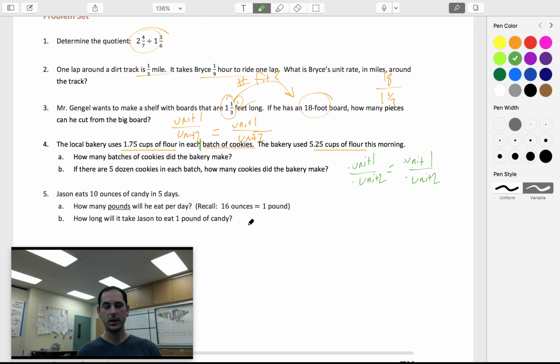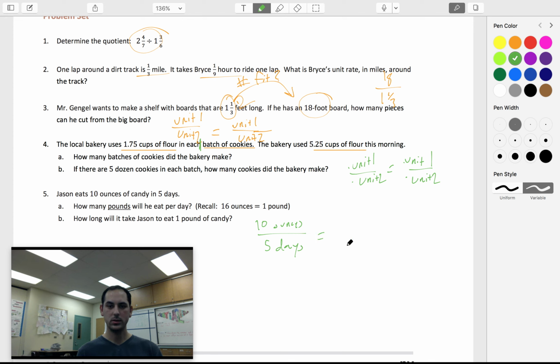Jason eats 10 ounces of candy in 5 days. How many pounds will he eat per day? And recall that 16 ounces equals 1 pound. This one, you are not using unit 1 over unit 2 equals unit 1 over unit 2. You're using instead that you have how many will he eat per day. So you have 10 ounces. Okay, this one's a little tricky. You're using a couple things. And then this one's 5 days.